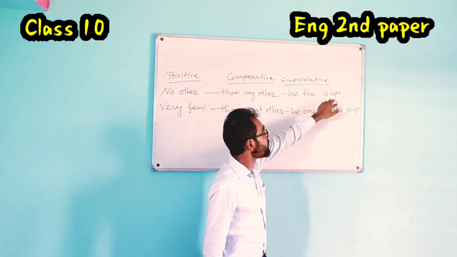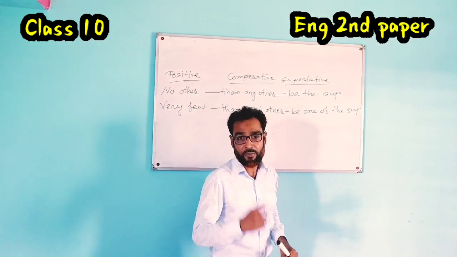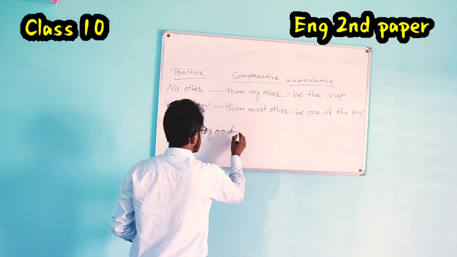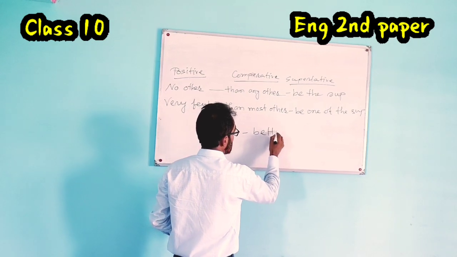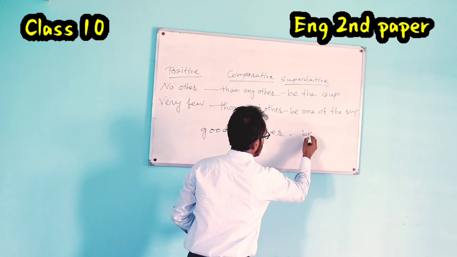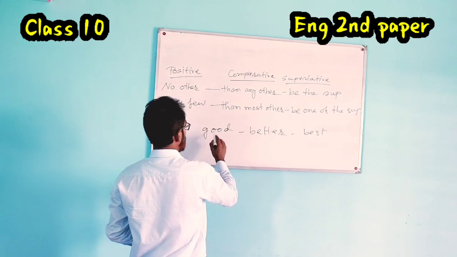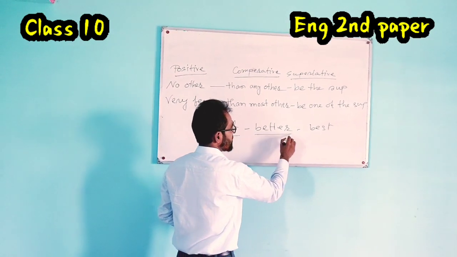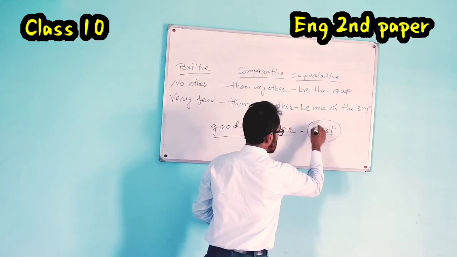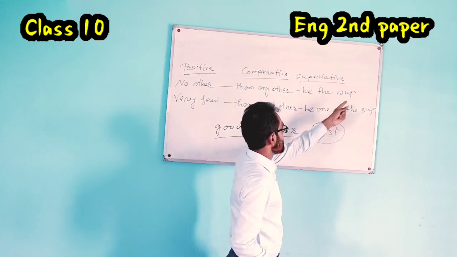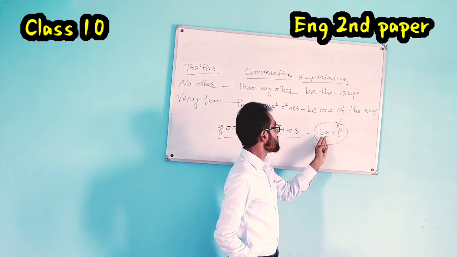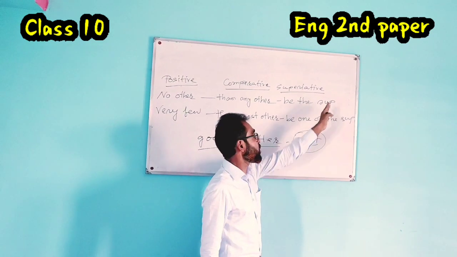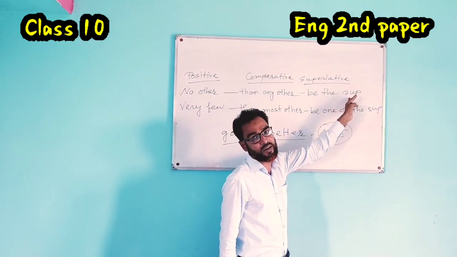B, the, sup. Sup means superlative form, like good, better, best. Positive, comparative, superlative. Sup here means best superlative form. It's a short form of superlative.